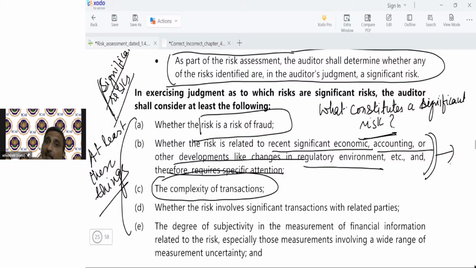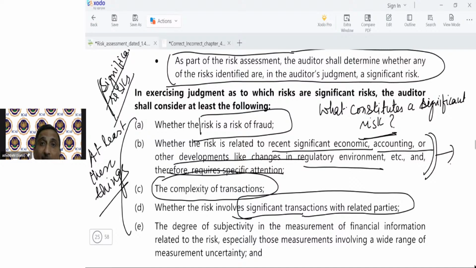There would be a possibility that the company has not passed proper entries relating to this, because by nature these are complex entries. When the risk involves significant transactions with related parties, it also becomes a significant risk.